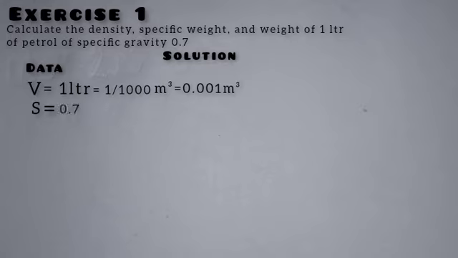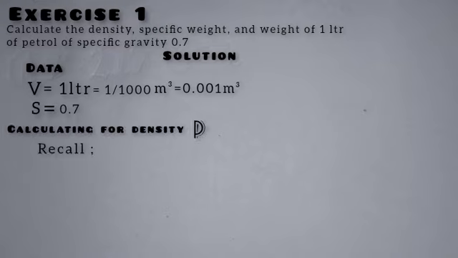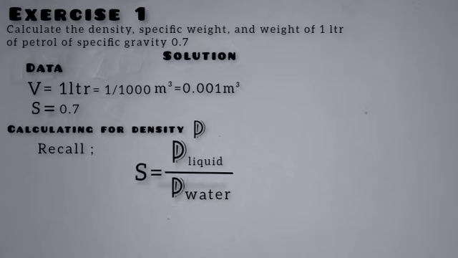Now the first thing we have to calculate is the density. If you recall, the density can be calculated from the formula of specific gravity S, which is the density of a liquid divided by the density of a standard liquid, which is water.